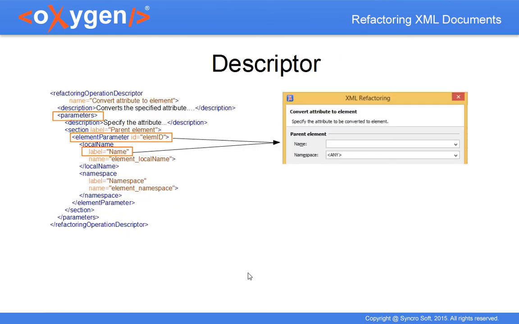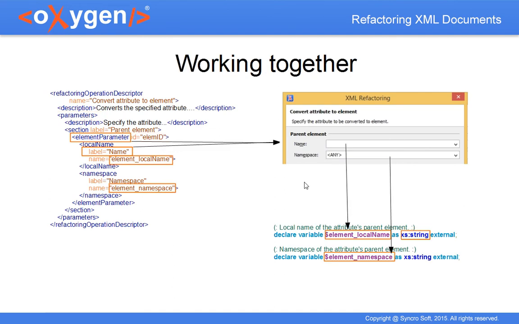The descriptor file is being read and the parameters are presented in the wizard so the user can provide values for them. As you can see, there's this label here, we present the label, and so on. And this is how it all works together. The dialog presents the parameters, the user gives some values, and oXygen will forward them to the XQuery script.